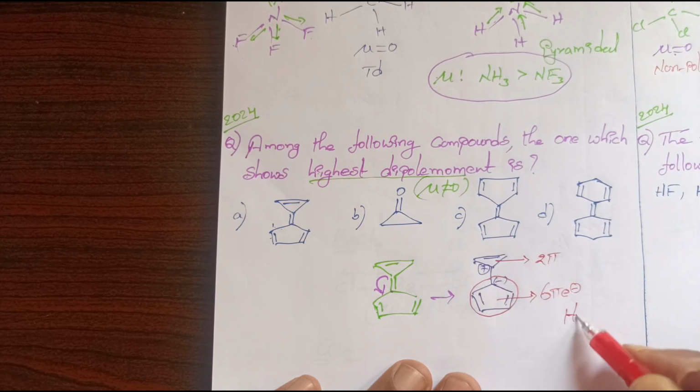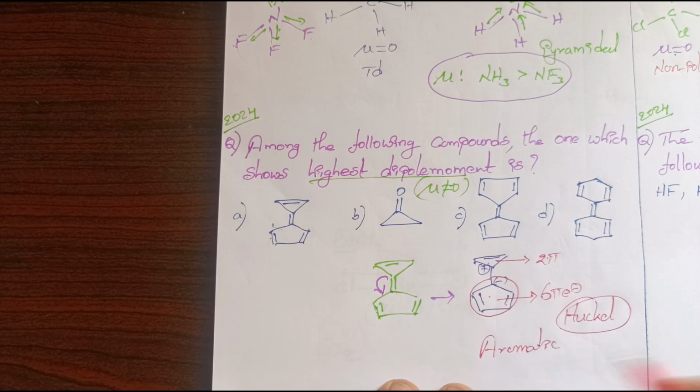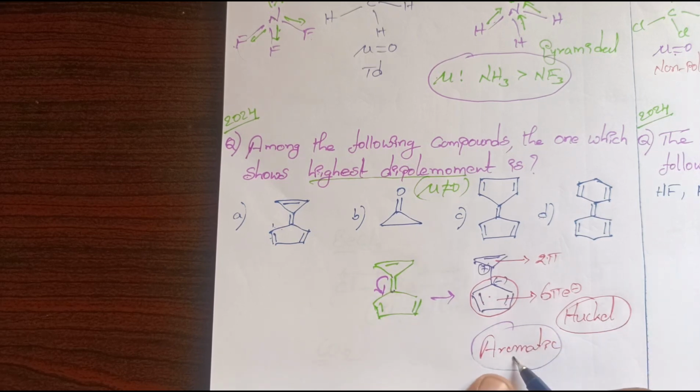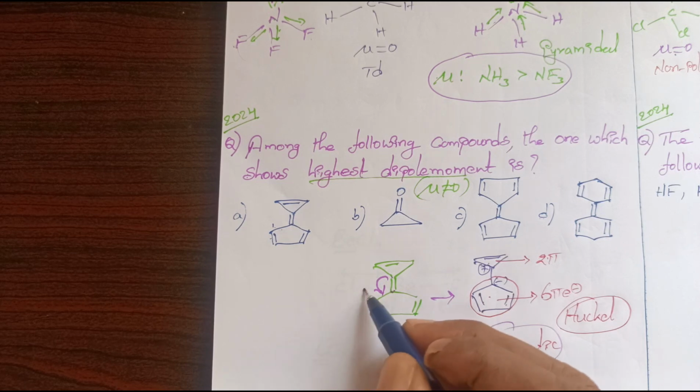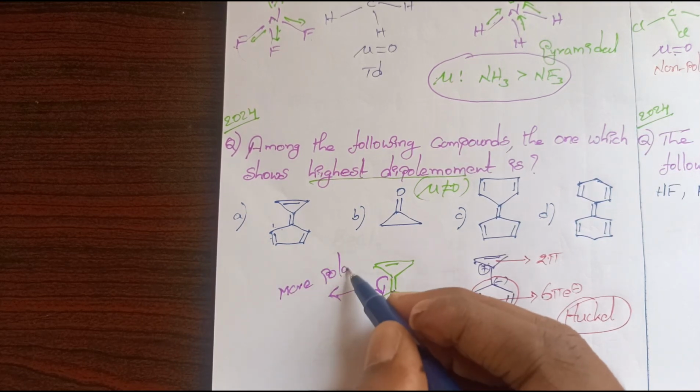The molecule follows Huckel's rule, so this is aromatic. So after bond shifting from here to here, what is the compound? An aromatic compound. Aromatic compounds are highly stable, so it is more polar in nature, a more polar bond.